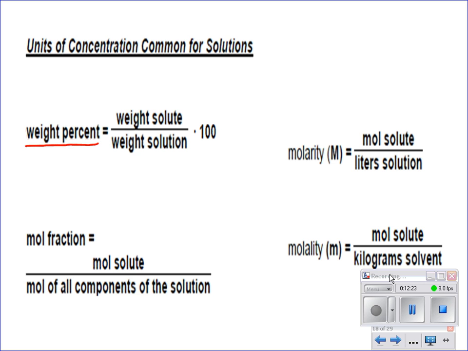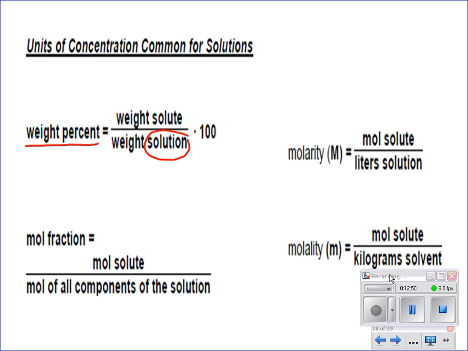Weight percent is your weight of your solute over the weight of solution. You've got to watch for these denominators on all these different equations because some of them are solution and one of them is actually solvent, so just be careful. Weight percent is commonly used in medicine. Have you ever been to the hospital or seen someone in the hospital that has an IV bag that says 4% saline or something like that? That's referring to weight percent.